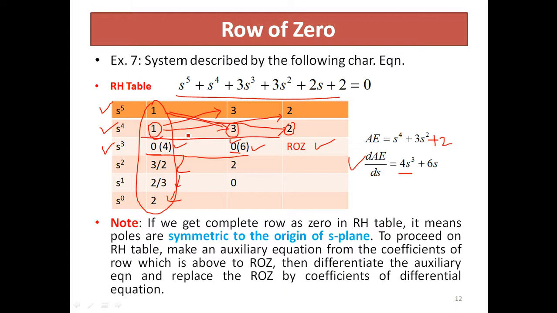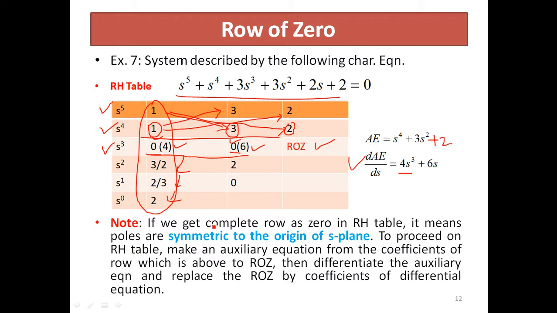Otherwise, the system is unstable. So according to the Routh-Hurwitz criterion, this system should be stable. But this is a specific condition where all elements of a row appear as 0. In this case, what would happen?